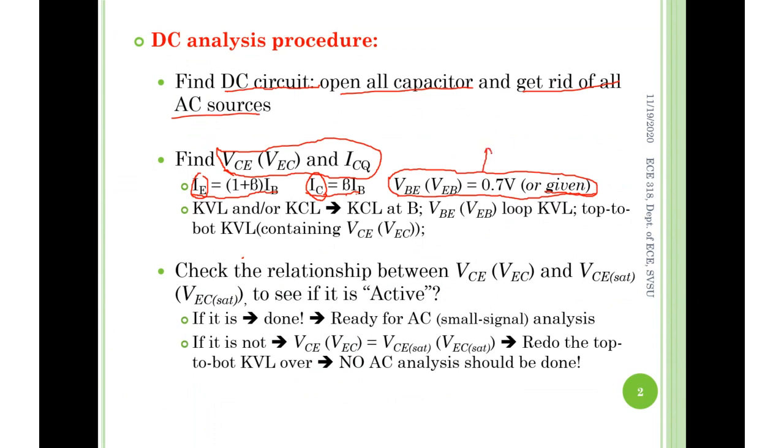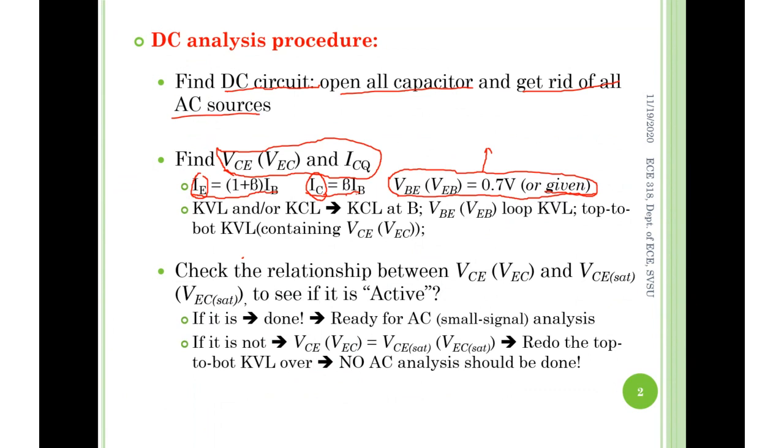BJT, in terms of the structure, anyone remember what it is? It's actually two back-to-back diodes connected in series. And the base and emitter is actually one PN junction. PN junction cut-in voltage is 0.7 volt. That's why. If you just independently look at base and emitter, it's actually a PN junction.